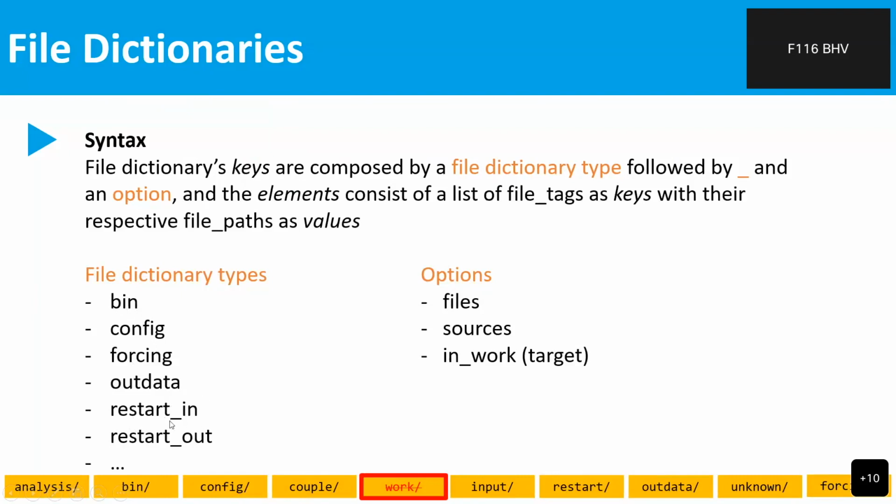Restart has 2, because you have a restart when you want to bring things into the work directory, and also a restart for when you want to bring things from the work directory to the general directory. Okay, so in and out. And then you can concatenate to the key with an underscore the different options. We have a files option, a sources option, and an in-work option.